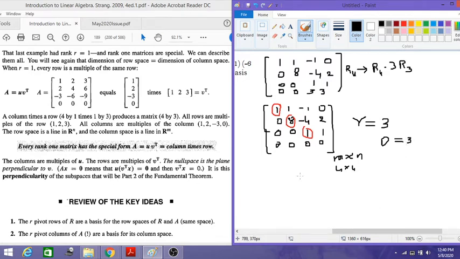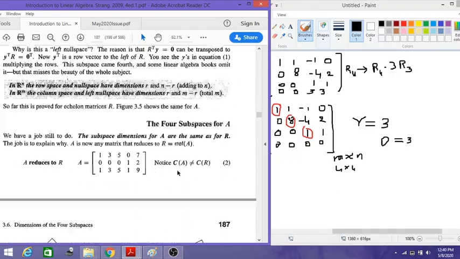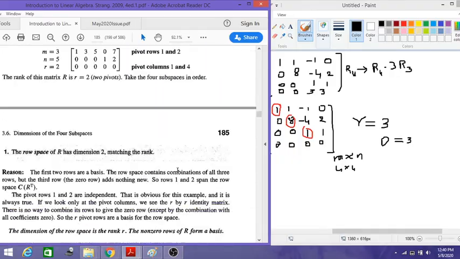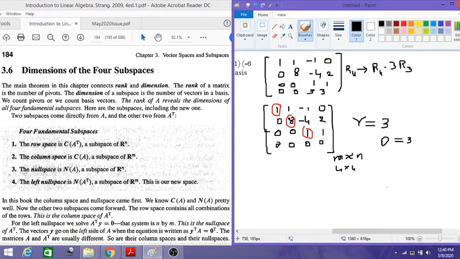Now if you see this in terms of the row space, just hold on. If we see this reduced matrix as the row space, then what is my basis vector? My basis vector is nothing but the non-zero rows.